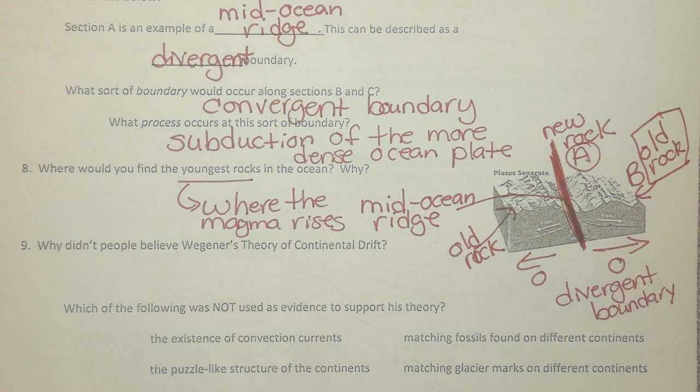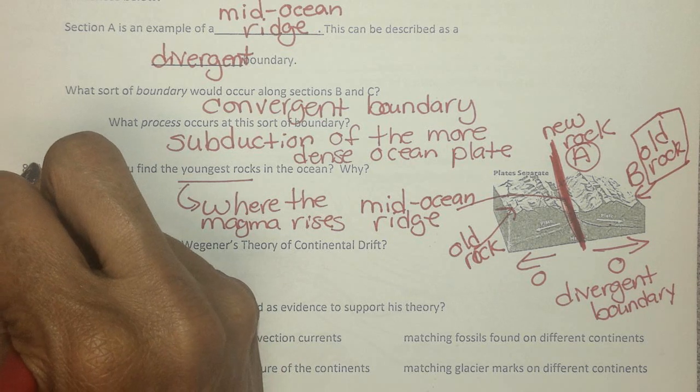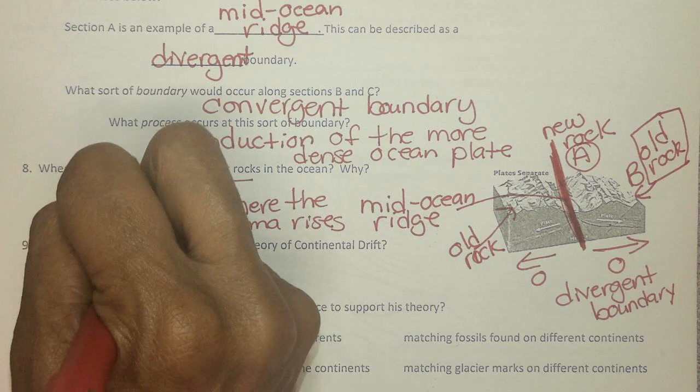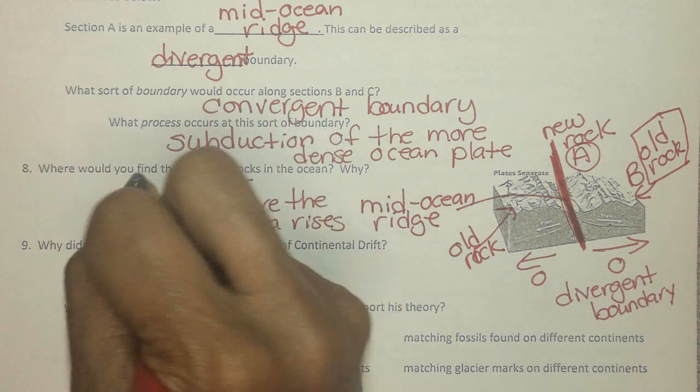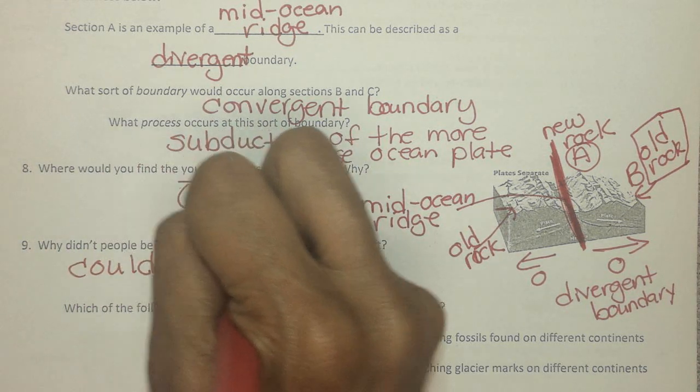All right, back to Alfred Wegener, number 9. Why didn't people believe Wegener's theory of continental drift? He had all the evidence, but he could not prove how the continents move.